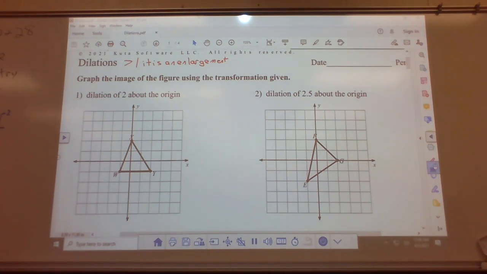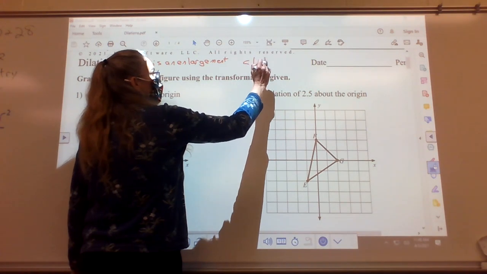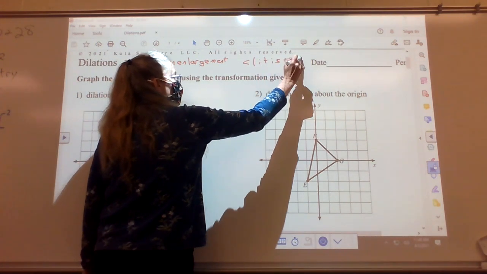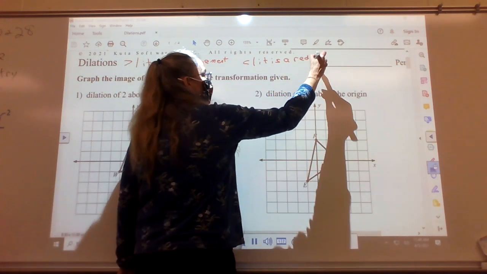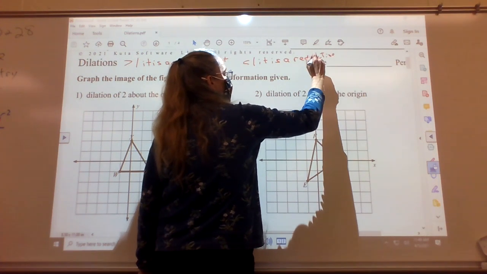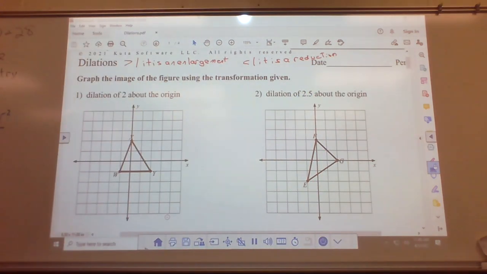If that dilation factor is less than 1, it is a reduction. So if it's bigger than 1, it's getting bigger. If it's less than 1, it's getting small.